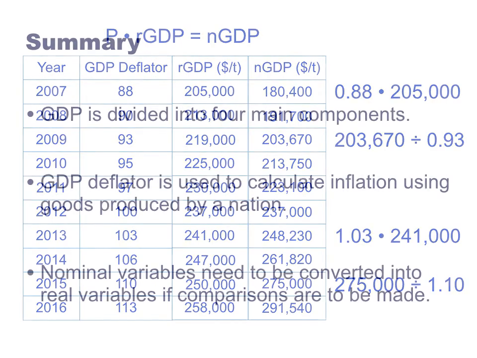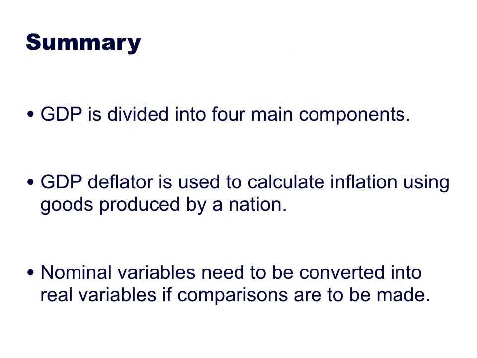So remember that GDP has four main components: C, I, G, and NX. Of course, that is for an open economy. If it was a closed economy, it would be C, I, and G. We saw the deflator is used to calculate inflation using goods produced by a nation.